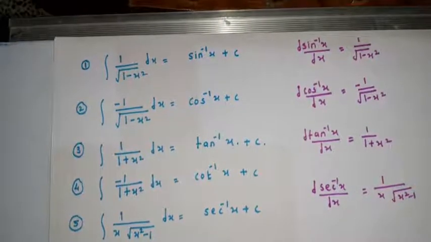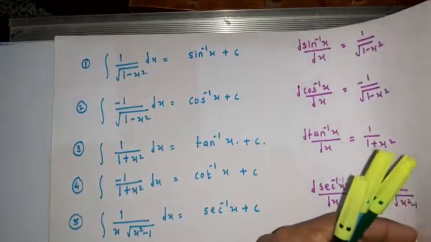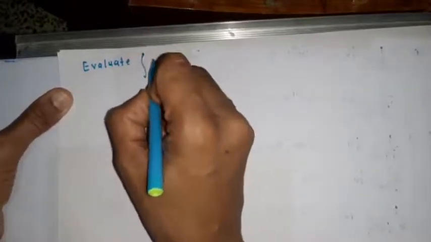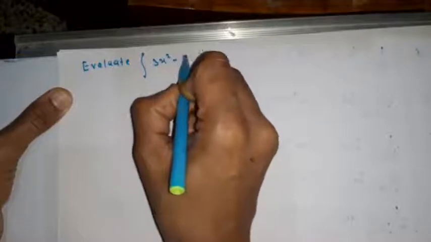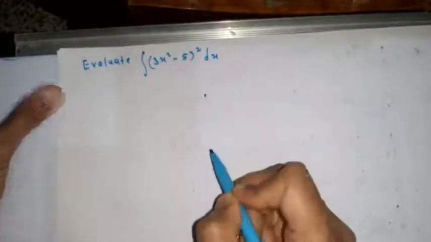Okay, now let us solve some examples. The example is: evaluate the integration of 3x square minus 5 whole square with respect to x.